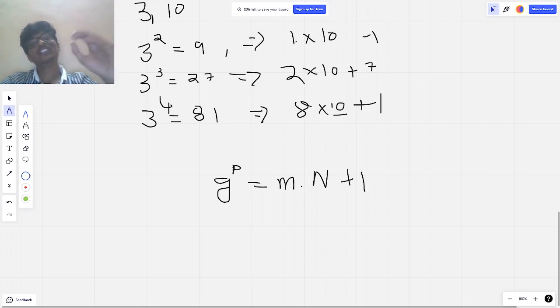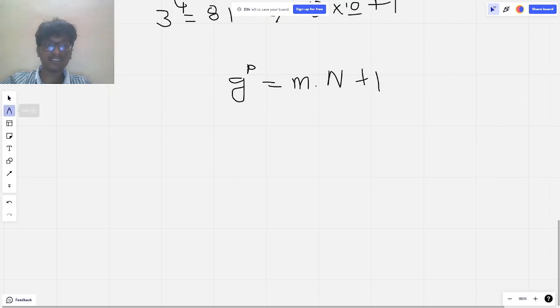So with that technique we can say that if we take our random guess and raise it to a power p, eventually it will be a multiple of n plus 1. And we can further simplify this equation.